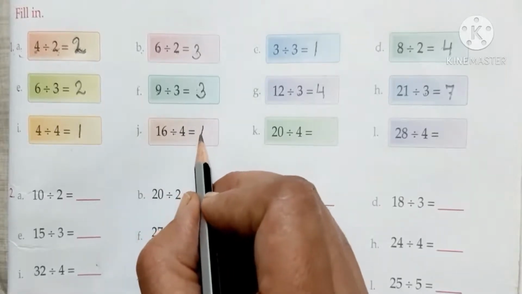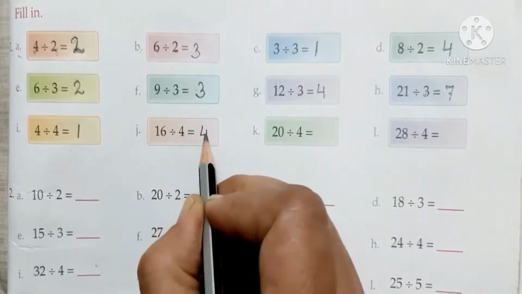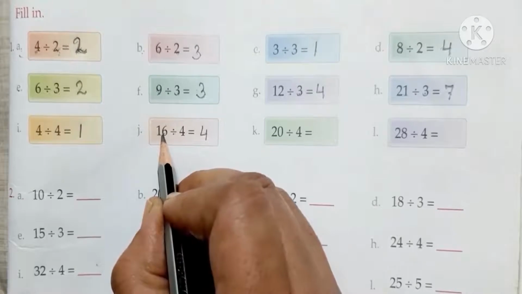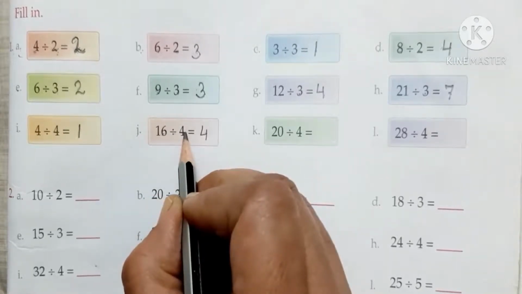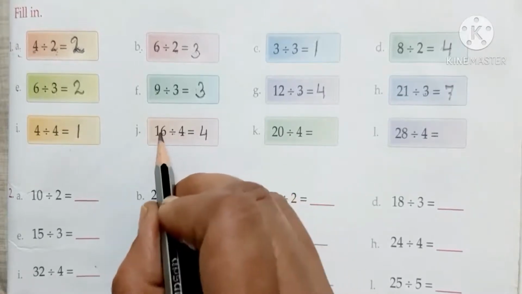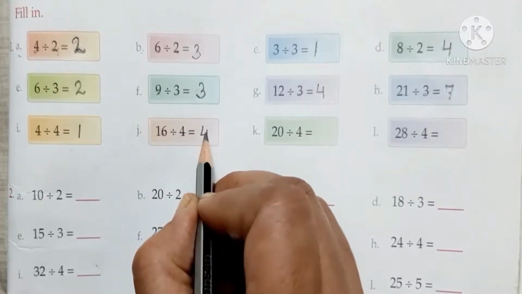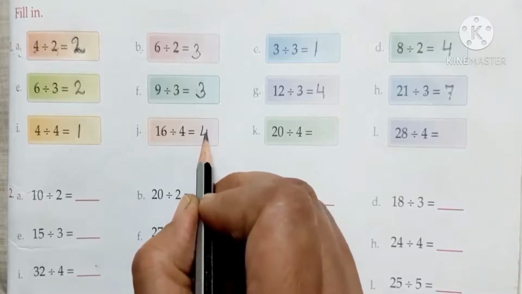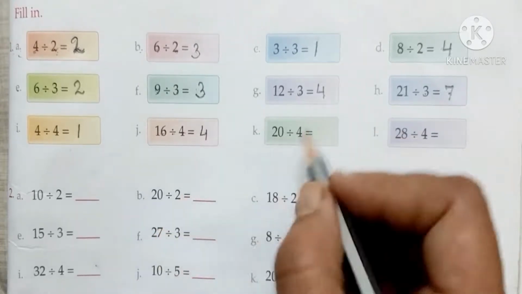So write here 4. 4 4s are 16. So 4 goes in 16 4 times. So write 4 in quotient place.